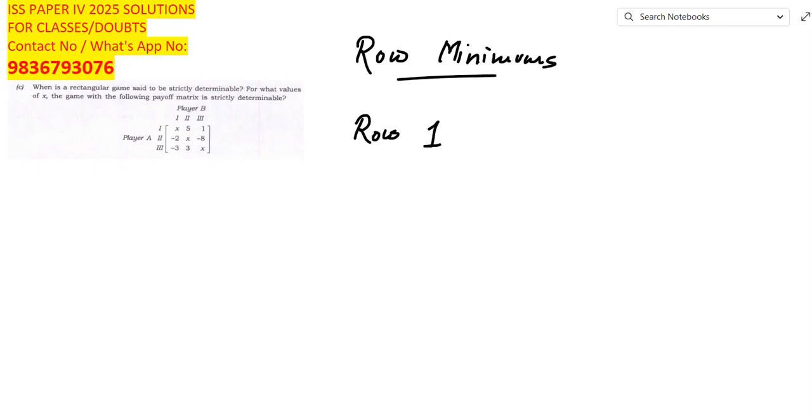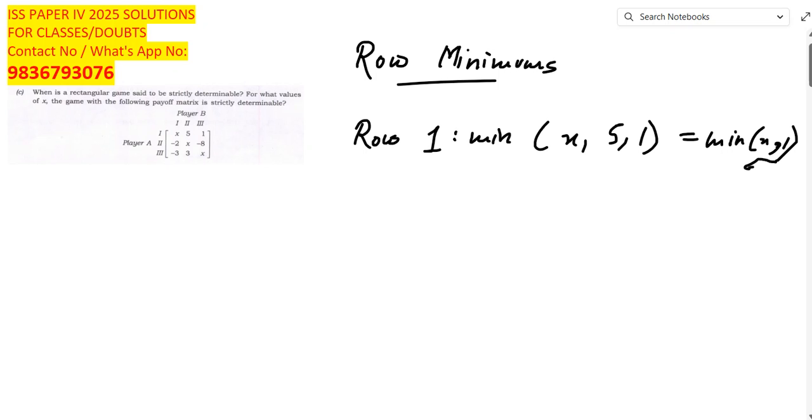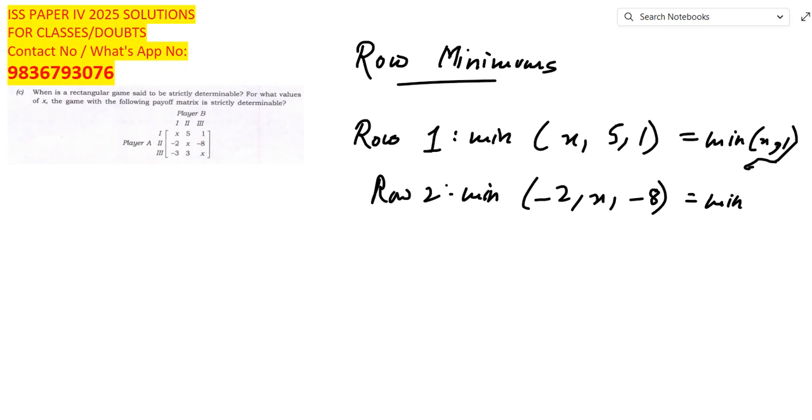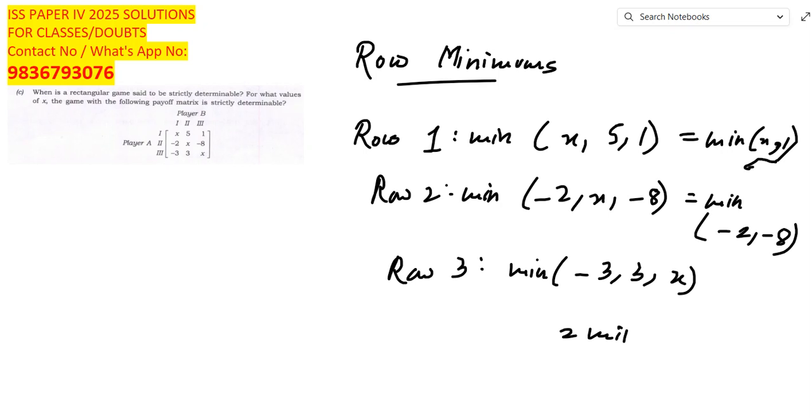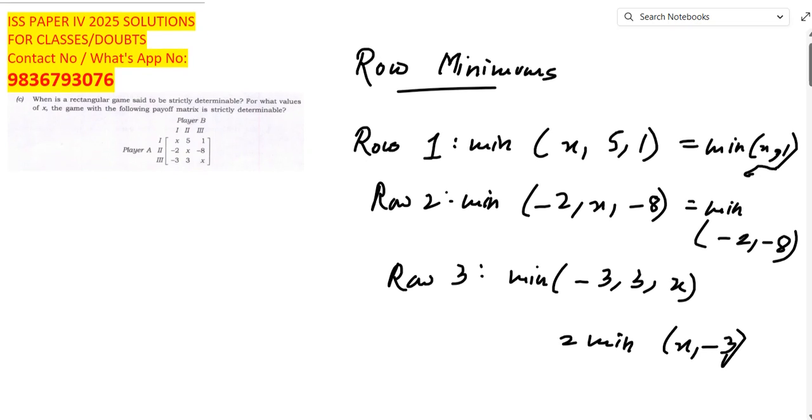So for row 1 it's minimum of x, 5, 1, so that is minimum of x, 1. Again row 2, minimum of minus 2, x, minus 8, so that's minimum of x comma minus 8. And row 3 is minimum of 3, minus 3, 3x, so that's minimum of x comma minus 3.